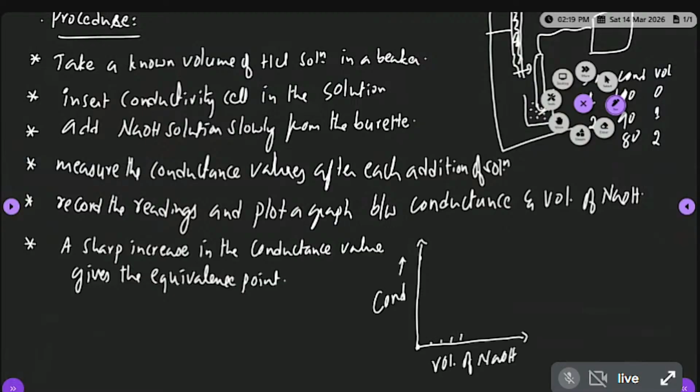So ఏంటి 1 2 3 4 5 like. Okay, so add 1 ml of NaOH. What is the conductance value? Decreases or increases? Curve ఎలా వస్తుంది? Decreases. కాబట్టి like this, decreases reaches to minimum point, right?